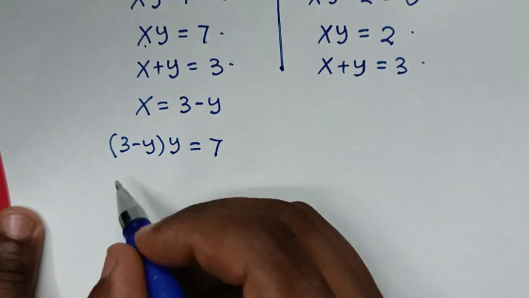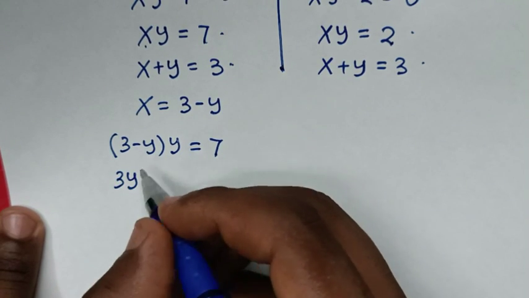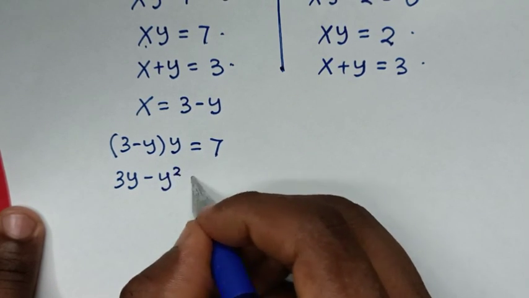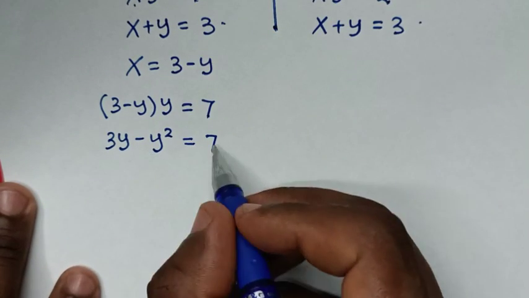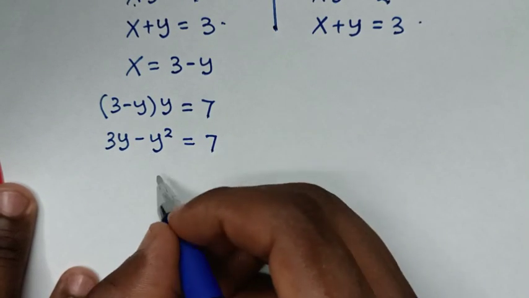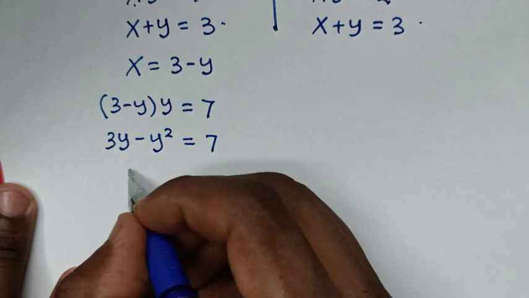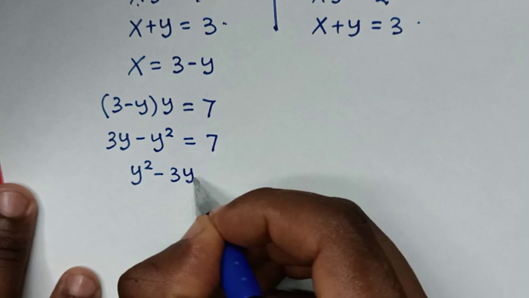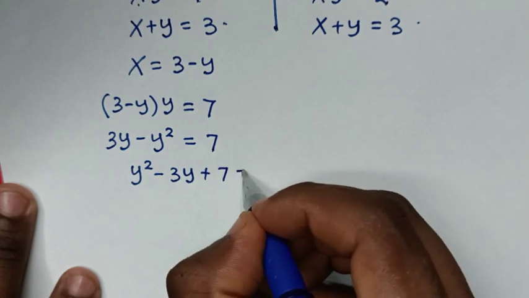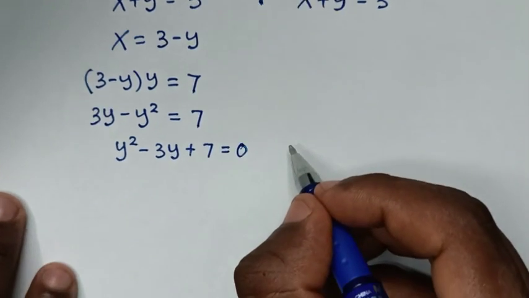Then this times this is 3y, this times this is negative y square, is equal to 7. Then we take this to this side, so it will be y square minus 3y plus 7 is equal to 0.